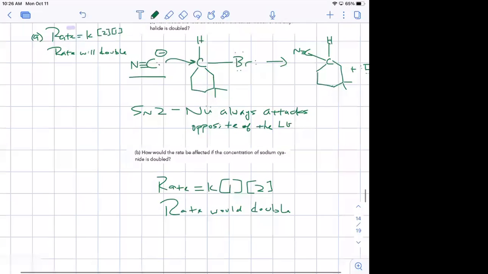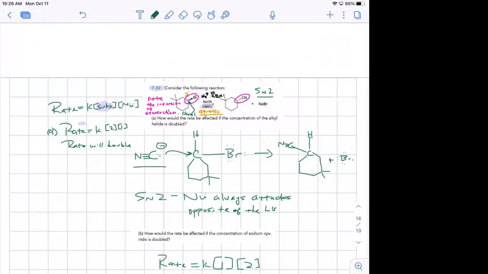So the rate will double. Are y'all following that? This is just an application of what we talked about with the rate law. So any change in the concentration of the nucleophile or the substrate is going to cause a change in the rate.